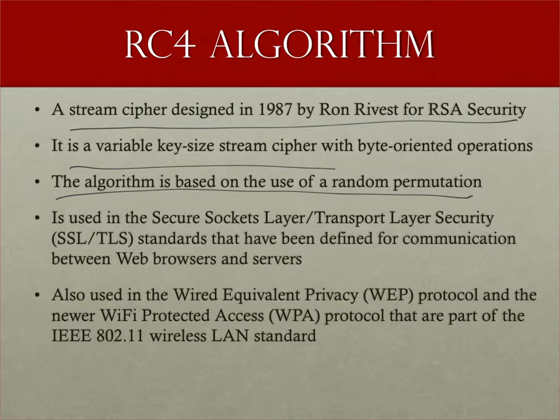Despite the fact that, as I said, RC4 or stream ciphers in general are not very security protective, they are actually being used in SSL, in the early versions of transport layer security services, and in wired equivalent privacy.